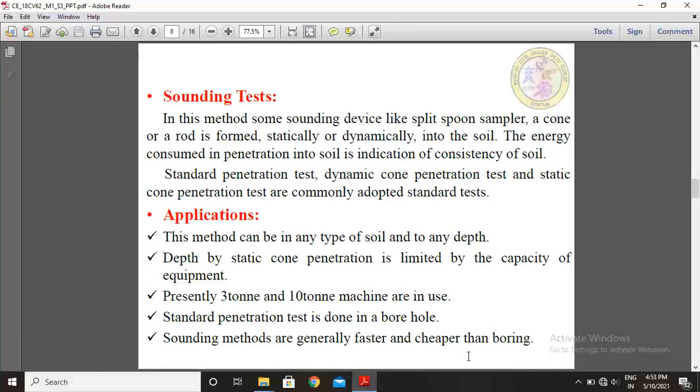Presently 3 ton and 10 ton machines are in use. Standard penetration test, SPT, is done in boreholes. Sounding methods are generally faster and cheaper than borings.